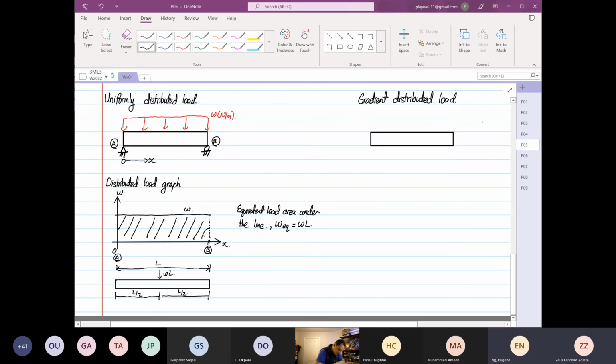This is our pin and a roller, our point A and our point B. Now our load is on a gradient.